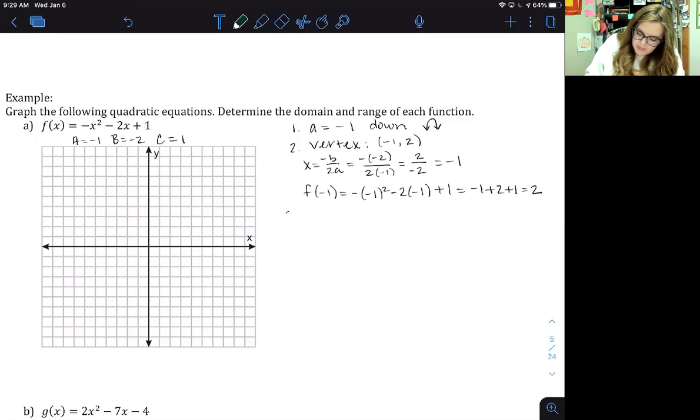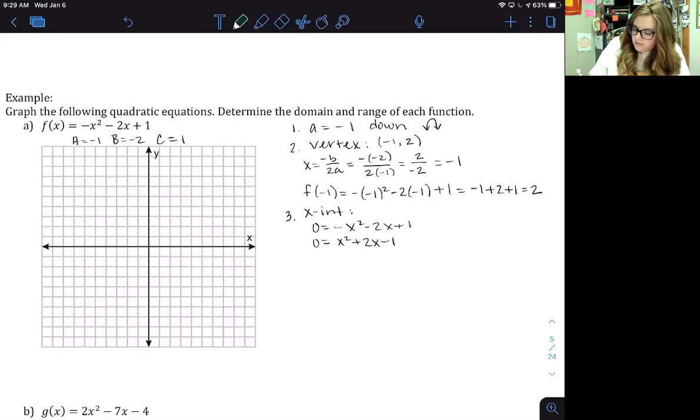All right, third step, we want to find our x-intercepts. I'm going to set this equation equal to 0. And let's see here. I'm going to try factoring this first. Let's divide everything by a negative. So we have 0 equals positive x squared plus 2x minus 1. So do we have any factors of -1 that will add to be 2?